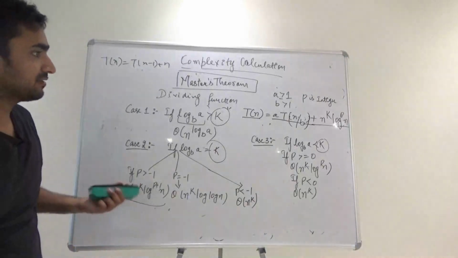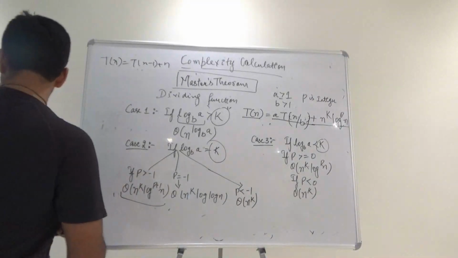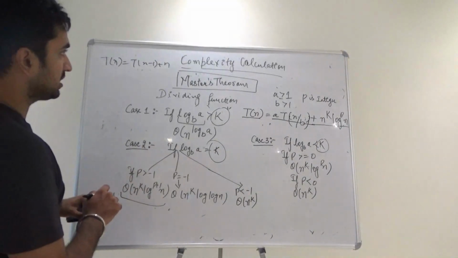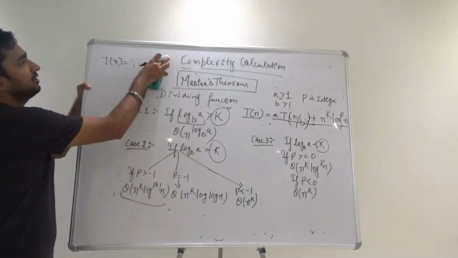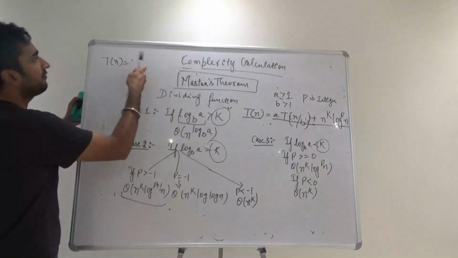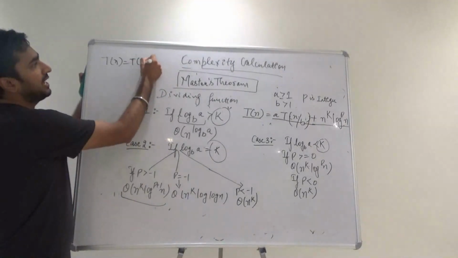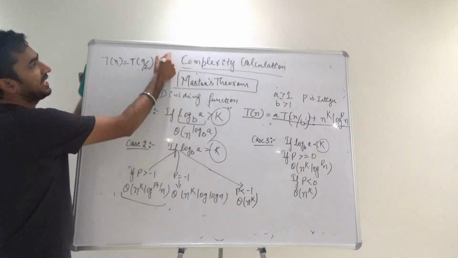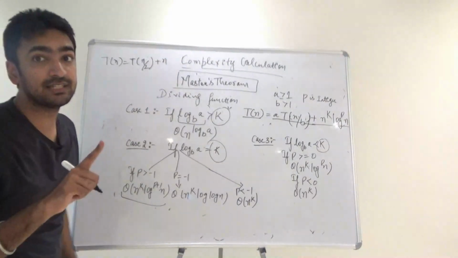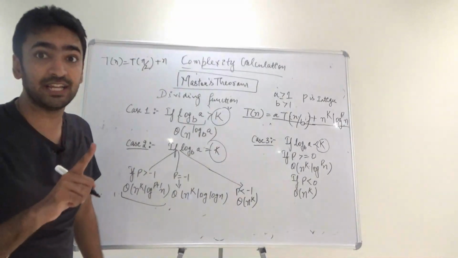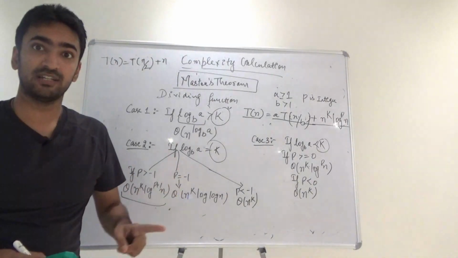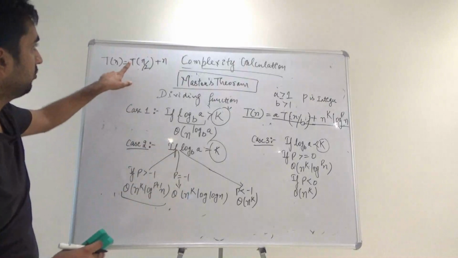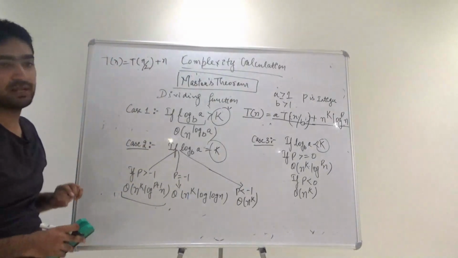Let's calculate some results, and we have a question with us. I am putting the question here: T(n) = T(n/2) + n. We might have calculated this equation already in your previous videos; I will post the link in the description box. But you can see over here T(n/2) plus n.